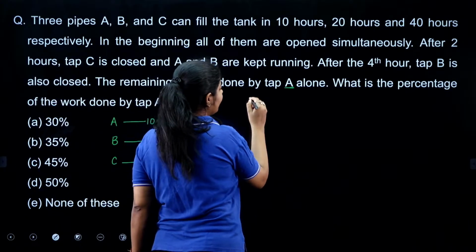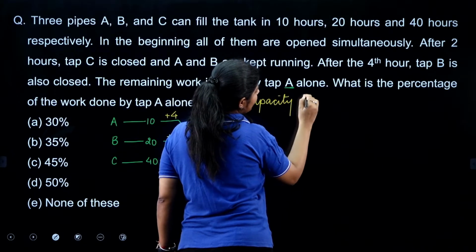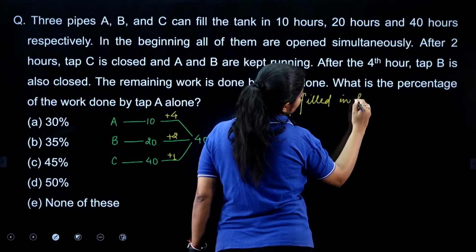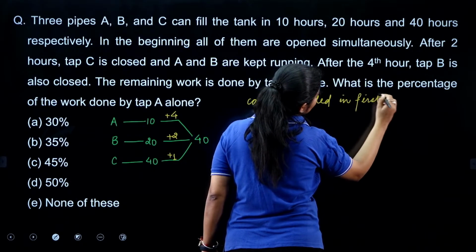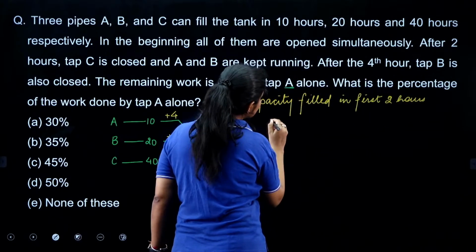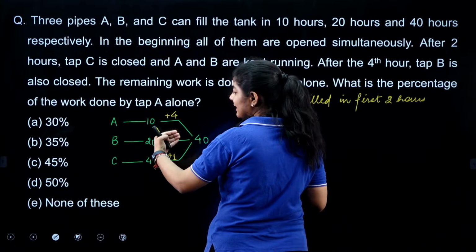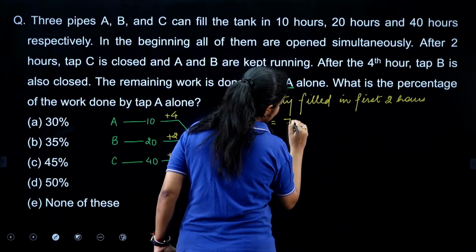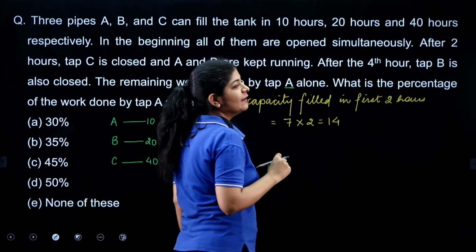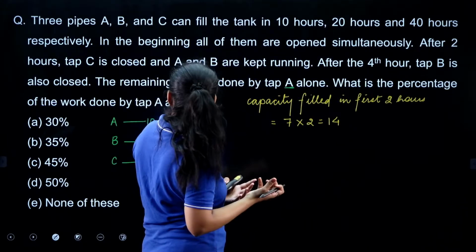So the capacity filled in the first 2 hours is the total capacity. 4 plus 2 is 6, 6 plus 1 is 7. 7 into 2, that means they filled 14 units of the liquid or water in the tank, right?